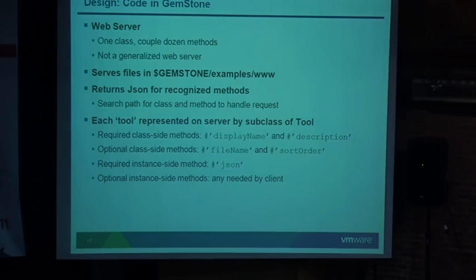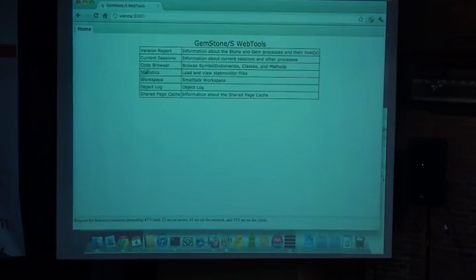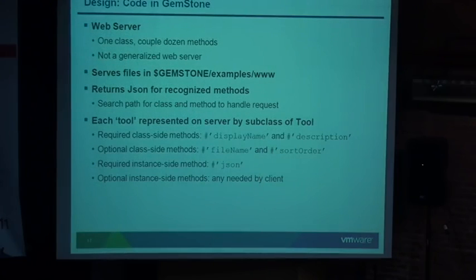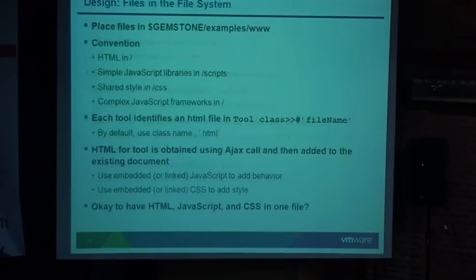We can think of this as 6 or 7 tools. Each tool is represented on the server by a specific class, with some required and some optional class-side methods, and then instance-side methods that just return JSON data.